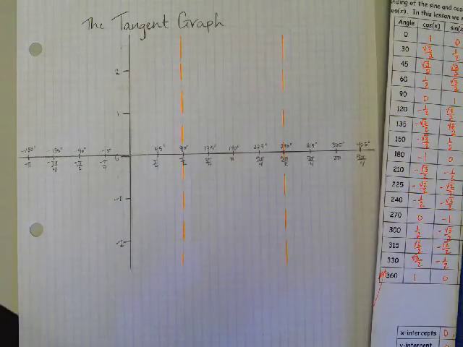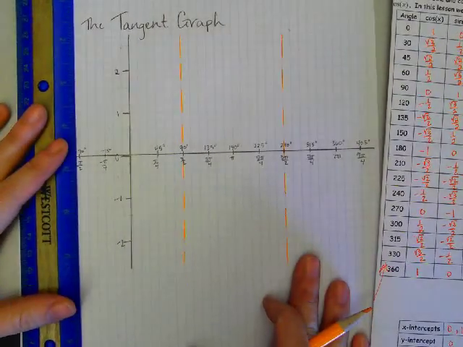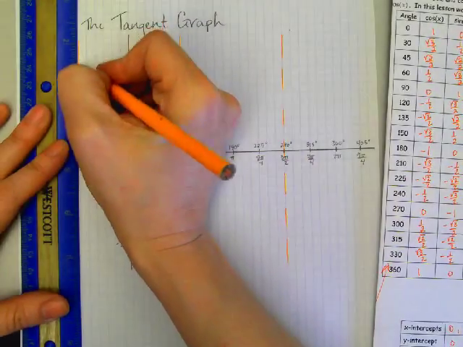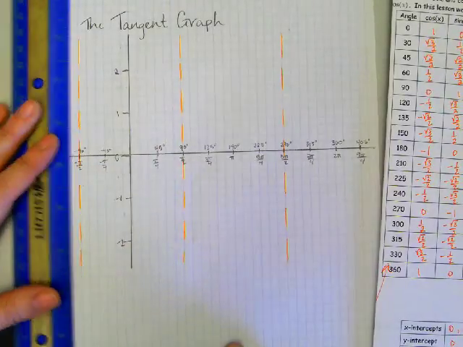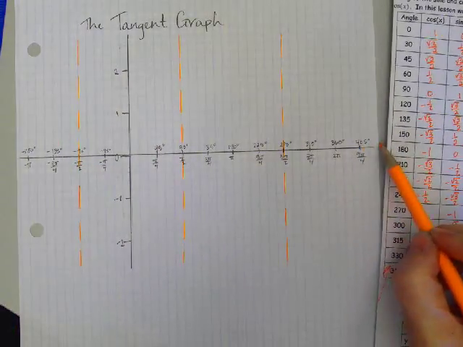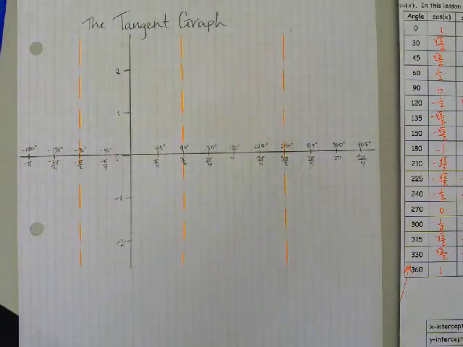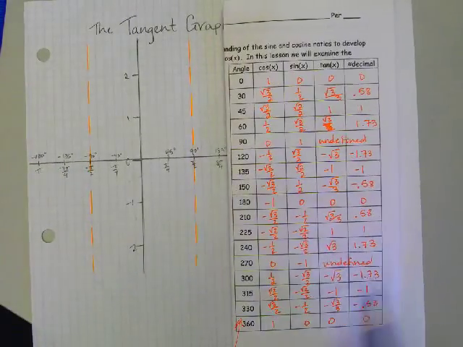If I look at my ones, I'm just looking at the ones that are easier to graph right at this very moment. I have 45 degrees, I'm at 1. And at negative 45 degrees, well, I'll come back to that. At 225, I'm at 1. And if you suspect, I would be at 1 if we continue this over. Let's see if you can start to sense that pattern. 405.